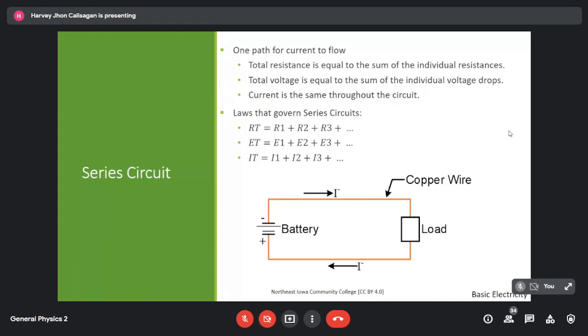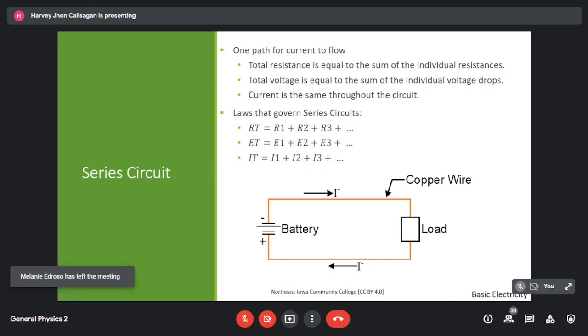Okay, and then we also have here the voltage. The voltage is equal to the sum of the individual voltage drops. Of course, if the voltage is the source of the current, the current will have to stop in every bulb, for example, to light every bulb.